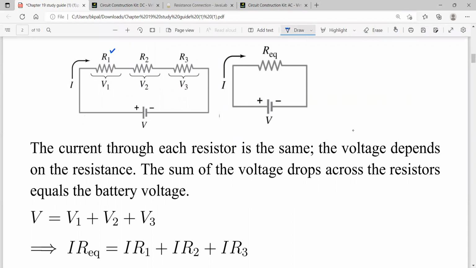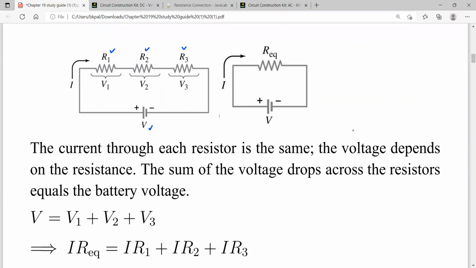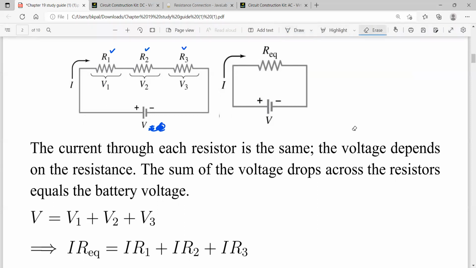This is R1, this is R2, this is R3, and this is the potential difference. V and E are basically the same thing. In some circuits you probably see this curly E, and in some it is V, as I mentioned already. Normally we neglect the internal resistance, then V is equal to E, so if you see E, don't be surprised.